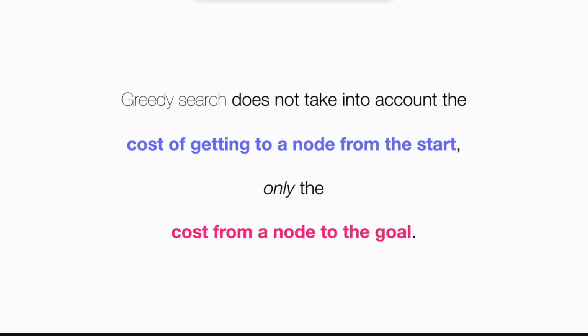When we look at a state, or a search node, greedy search only looks at the estimated cost of getting to the goal. It doesn't look at the cost of getting to that location. And we will see in the next slides an algorithm that fixes that. But before we do that, does anyone want to ask any questions?